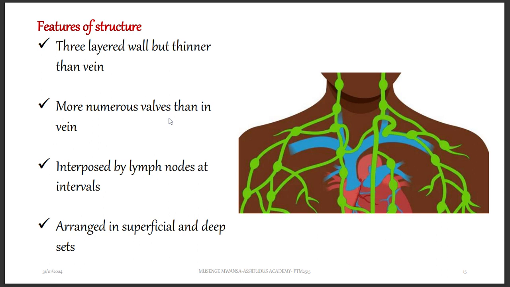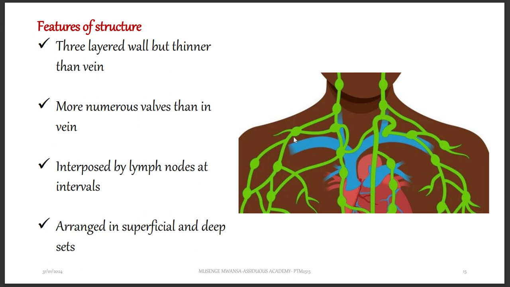These are some questions you'll be seeing as multiple choice, especially in anatomy. So these guys have more valves than veins. Veins also have valves, but the lymphatic capillaries have more valves. As you move along these capillaries, you are going to find dilations, these swellings you can see along the lymphatic vessels.